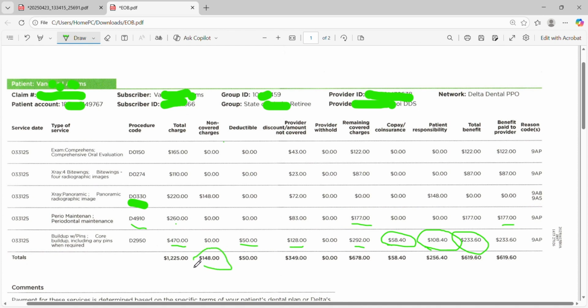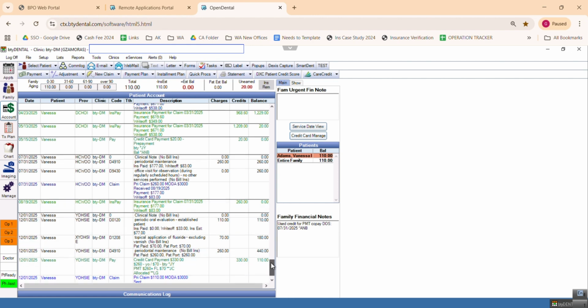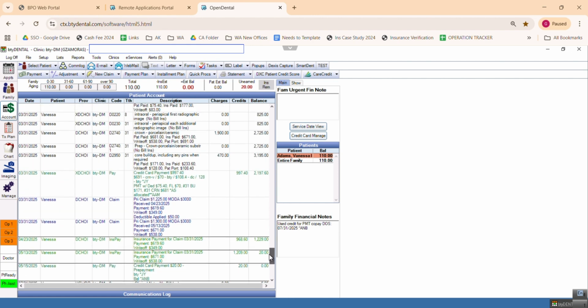See, for this one, the bigger discount is $349, and for this claim, the total insurance payment is $619.60.